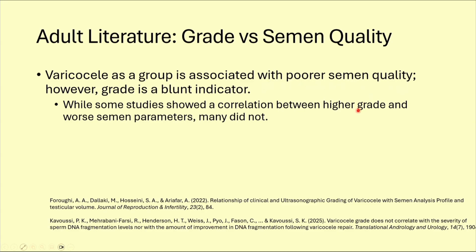Comparing each grade, though, there was not much correlation. The second reference I cite tested the severity of sperm DNA fragmentation, and again there's no correlation. So far we can at least say that the grade of varicocele cannot predict testicular dysfunction.